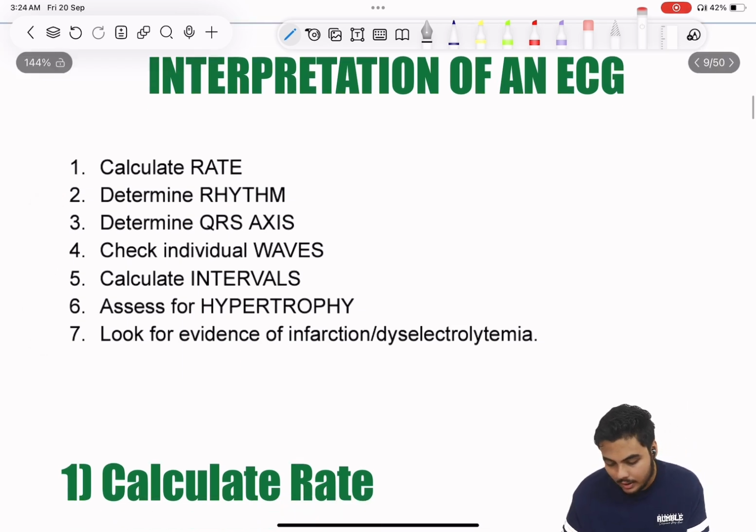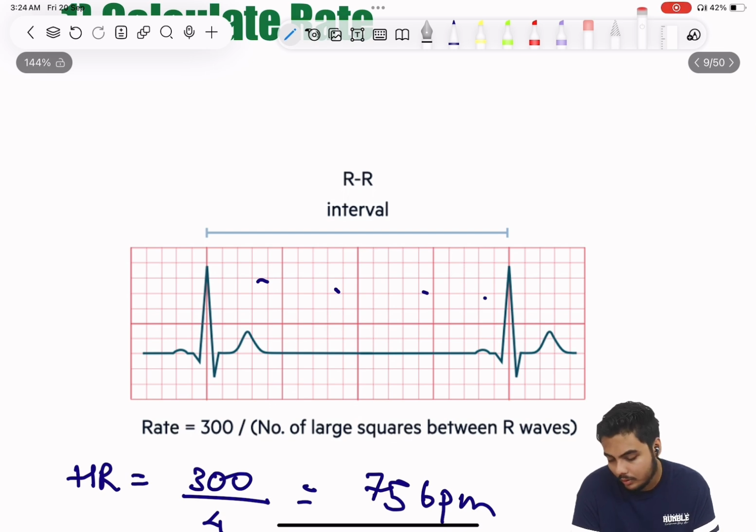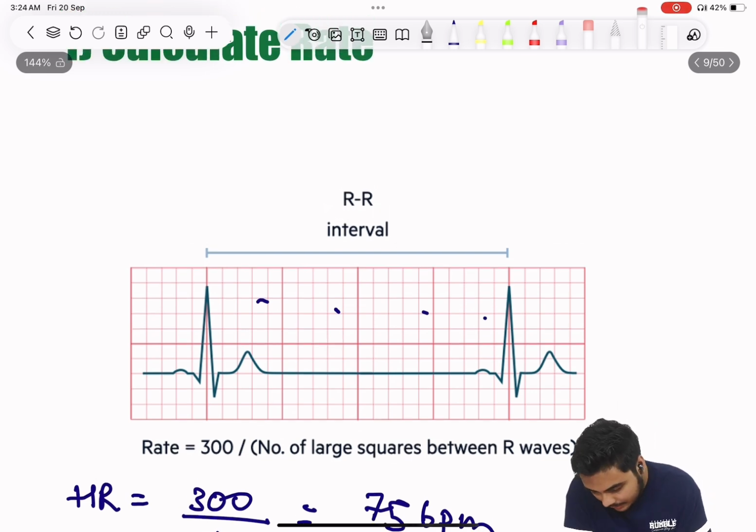So first of all, we will take a look at the rate. First is how to calculate the heart rate by looking at an ECG. We basically have two methods. Now, the first method: here you can see this is a P wave, this is a QRS complex, Q, R, S, and the T wave.